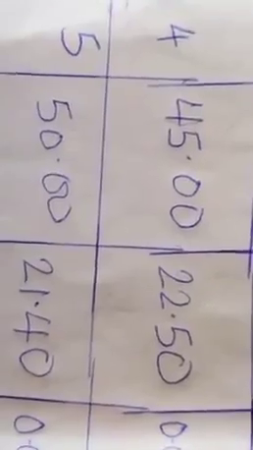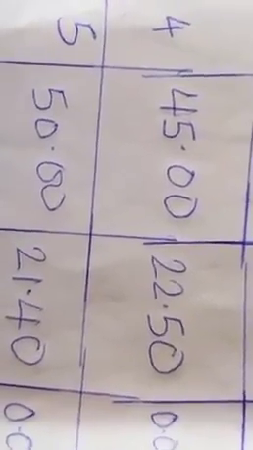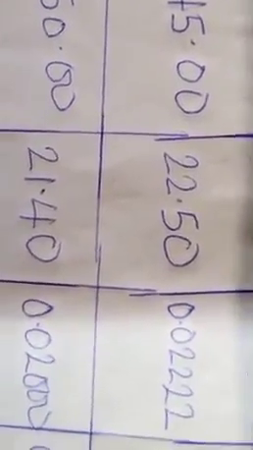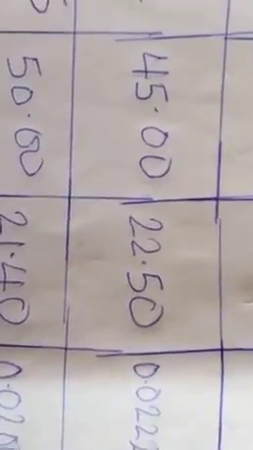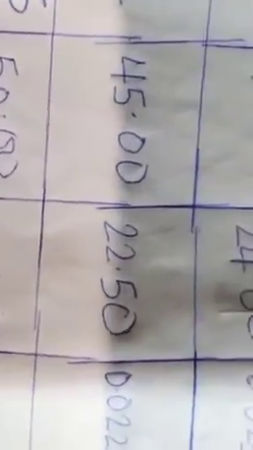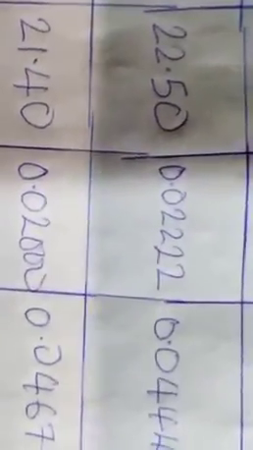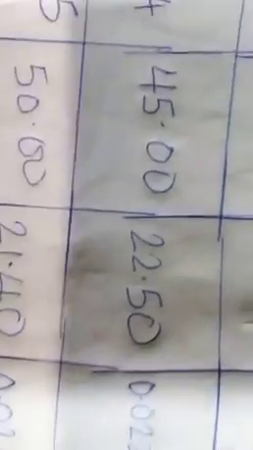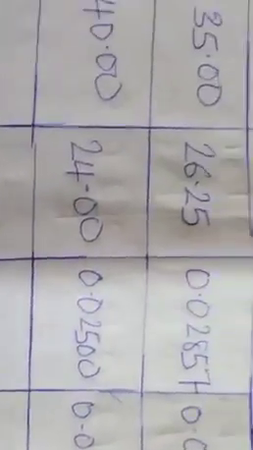Then number 5, when U is 50 cm, our image distance V is 21.40. The inverse of U, 1 over 50, we got as 0.02000. And the inverse of V, 1 over 21.4, we got as 0.04673.